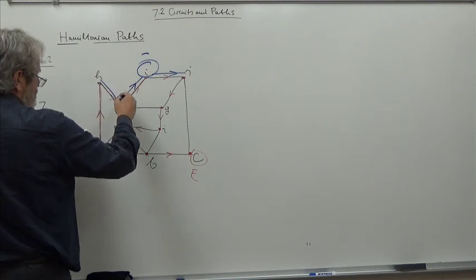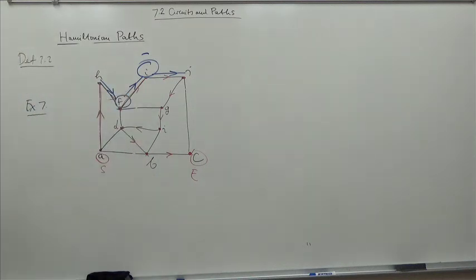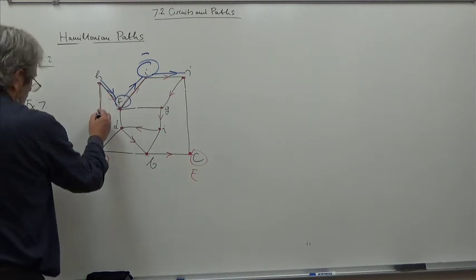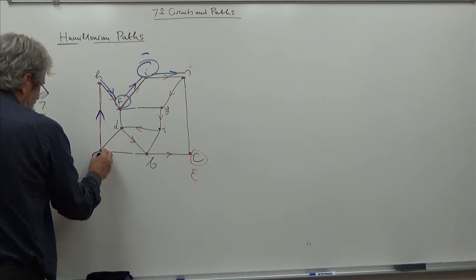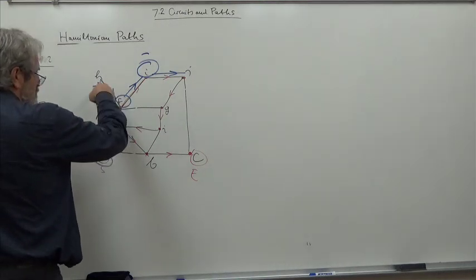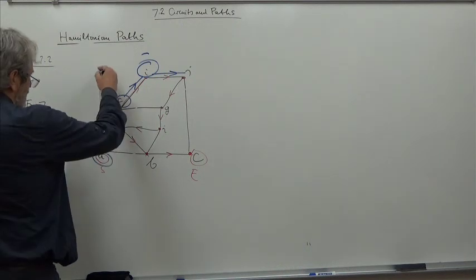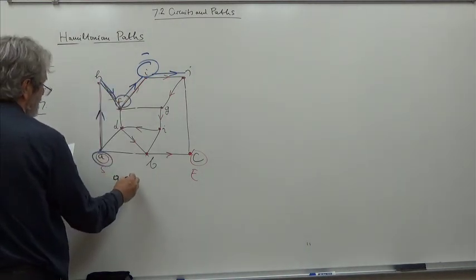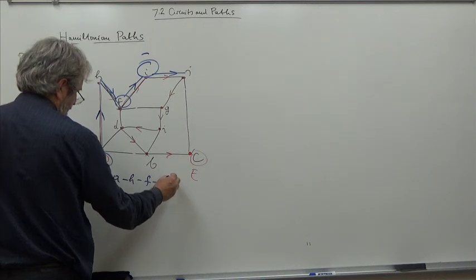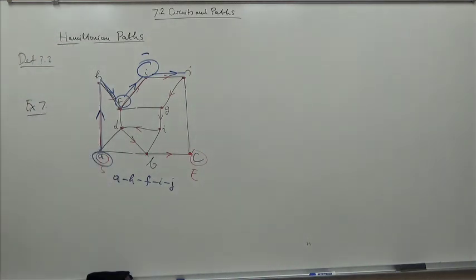So however you make a circuit, in one direction or the other, it must have H, F, I, J. And H can only get from A. So this is forced because of those vertices of degree 2. No matter how we choose that circuit, it must have A, H, F, I, J. We didn't assume anything special.